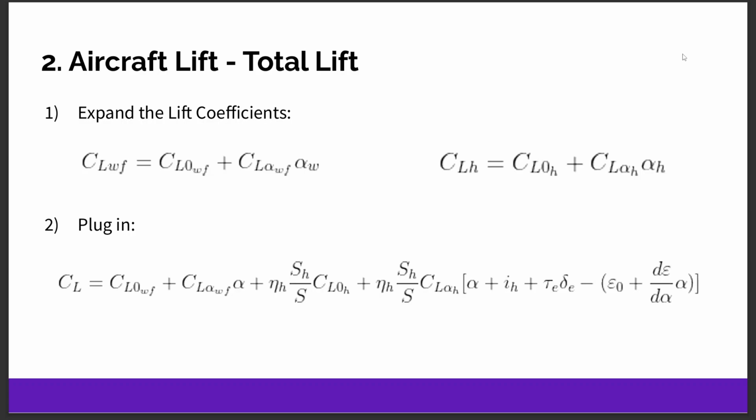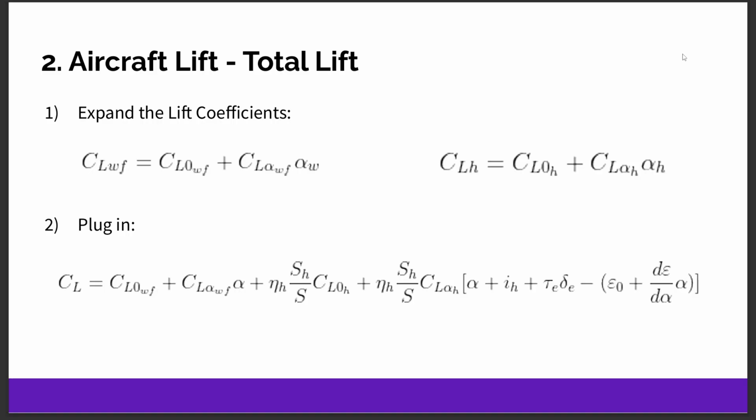So now to find the individual sub-coefficients making up the lift coefficient, what you need to do is to take the partial derivative of that equation at the bottom with respect to alpha, with respect to IH, and with respect to delta E, and you will find your sub-coefficients CL alpha, CL IH, and CL delta E.